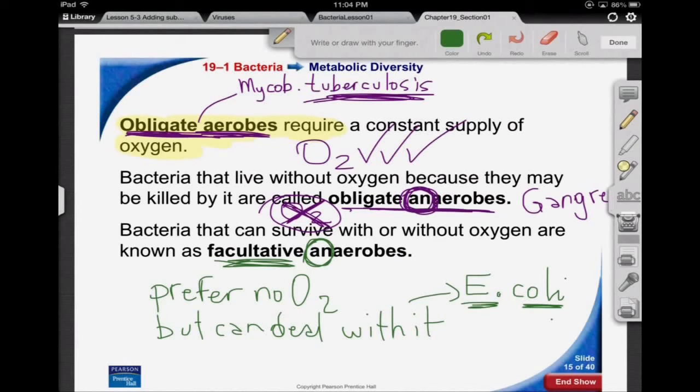So you've got obligated aerobes, obligated anaerobes, and you've got the ones with the faculties to do either thing. So I guess it is fair to say you could have a facultative anaerobe, but you could also have a facultative aerobe, one that could handle no oxygen but would prefer to be aerobic.